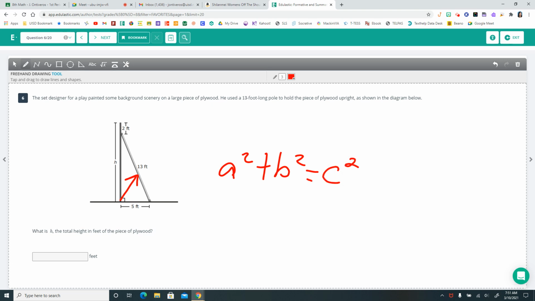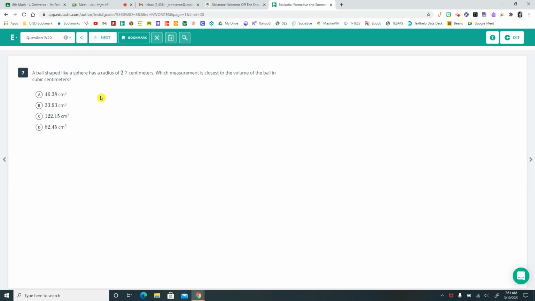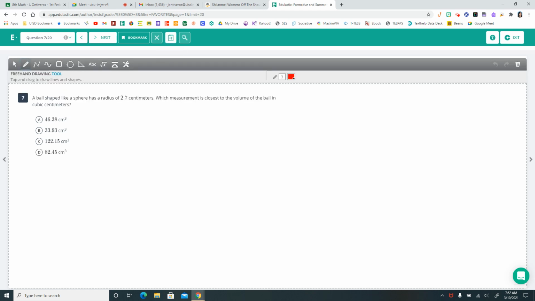Okay, and then make sure you use menu 3-1. You are not looking for the C. This one, it's volume of a sphere. So the formula for this one is going to be volume equals 4/3 pi r cubed.